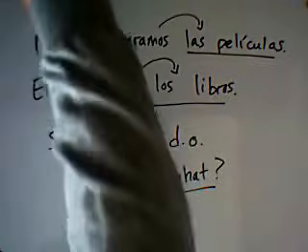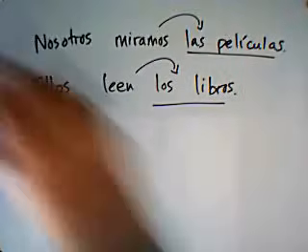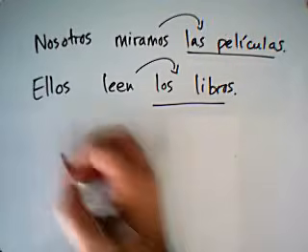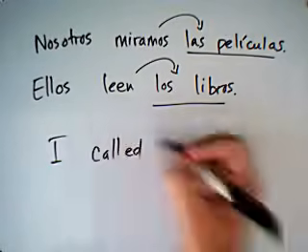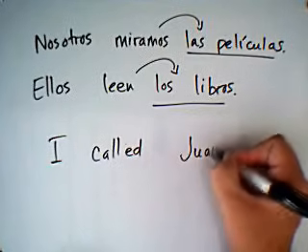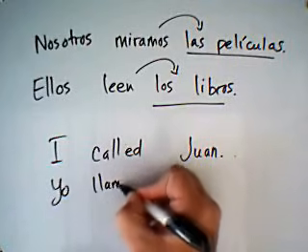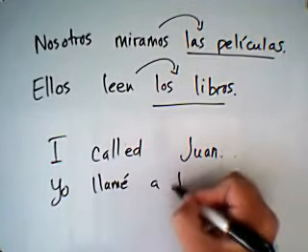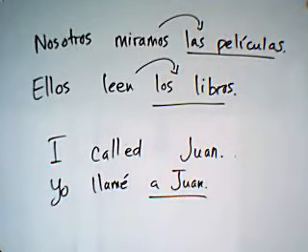Okay, keep in mind that direct objects can also be people. For example, I called Juan, right? Yo llamé a Juan. Okay, so our direct object can be a person.